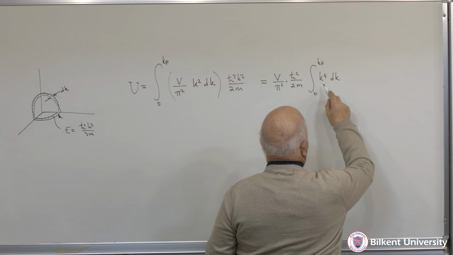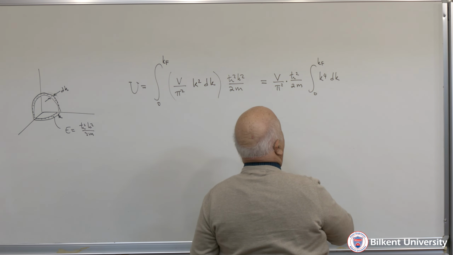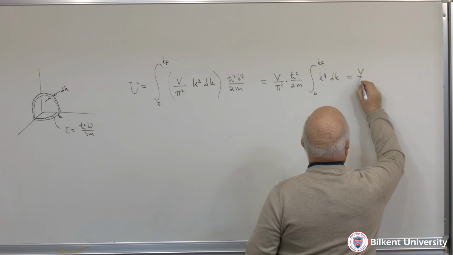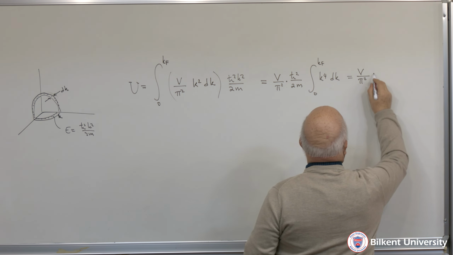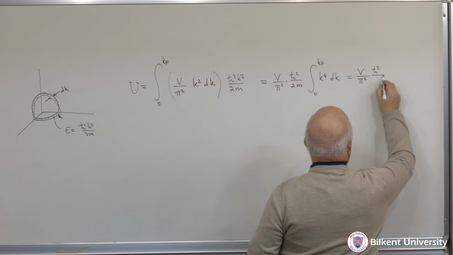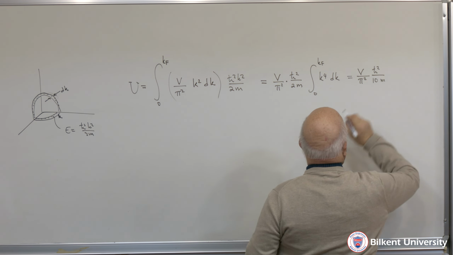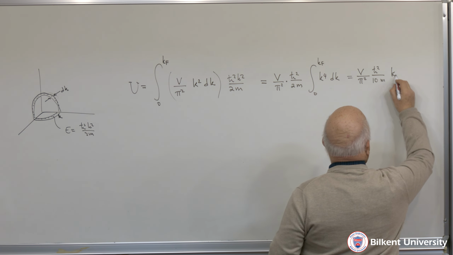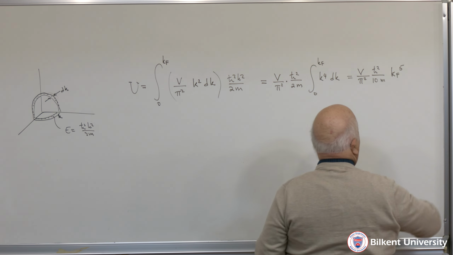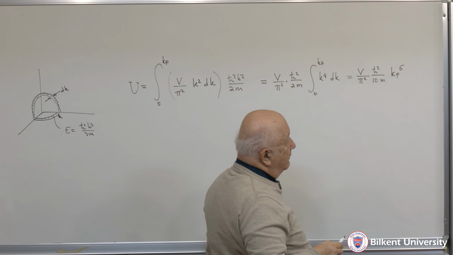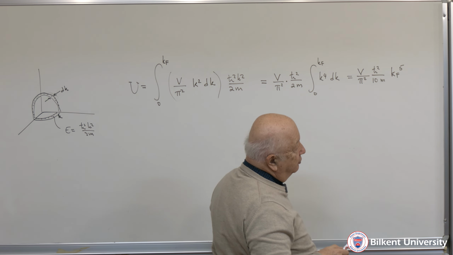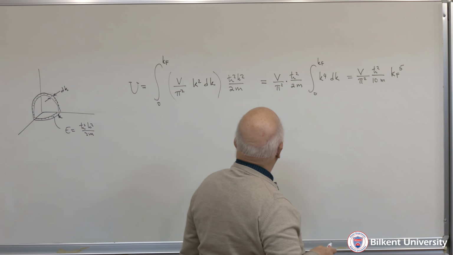Okay, so this gives me k to the 5 over 5. So I end up with V over pi squared, h bar squared over 10m because of the 1 over 5 factor, and then I have kF to the 5. Let's put that kF to the 5 into the equation.